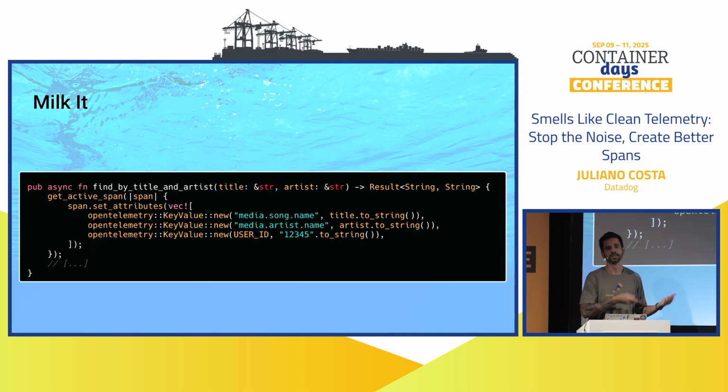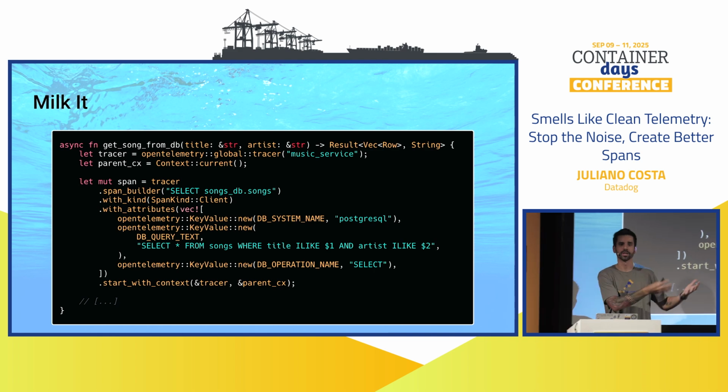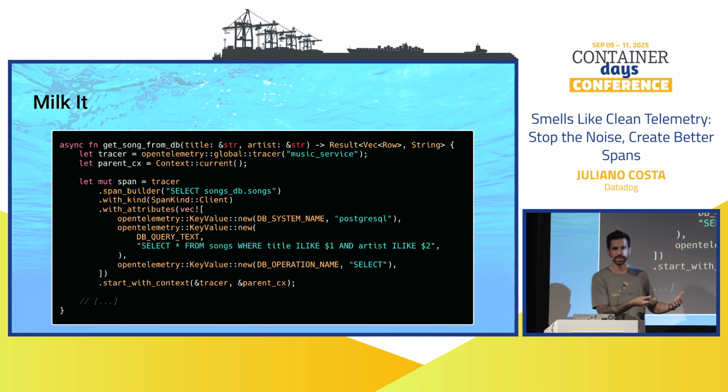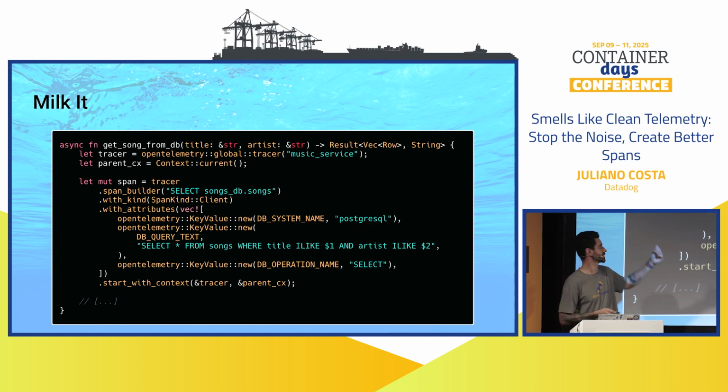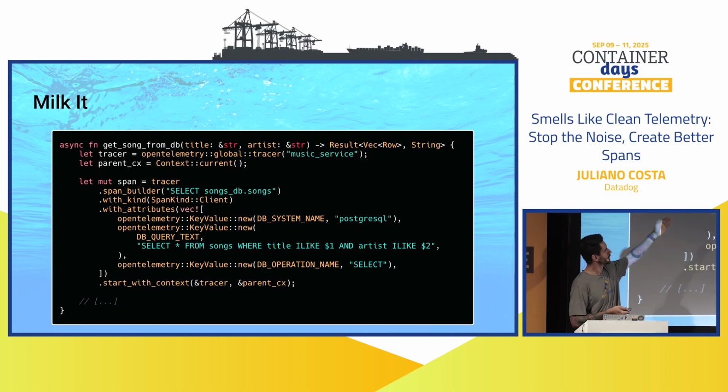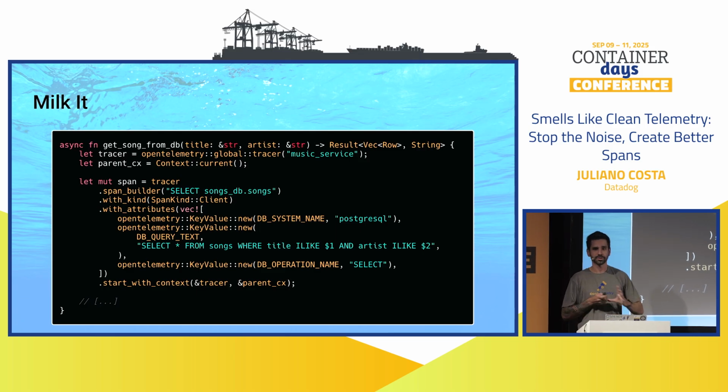Of course, you can create spans. So let's say that there is one part of your application that you don't have visibility into. For instance, in the Rust example, we didn't have visibility into the database query. So I created a span here, the select songs DB songs span, added a couple of attributes that are important to me, did whatever the query does, and then ended my span.